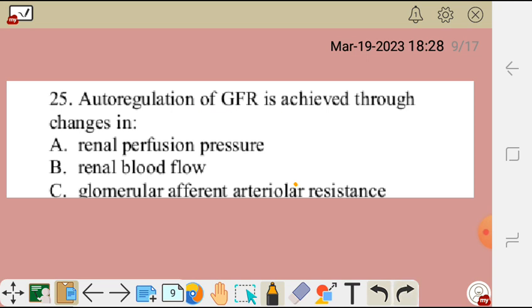Renal perfusion pressure is sensed, and then the stretch in the arterioles, especially the afferent arterioles, will cause the autoregulation, which will result in either dilation or constriction of the afferent arteriole. But the autoregulation itself is achieved through the resistance in the afferent and efferent arterioles. The correct answer is C.